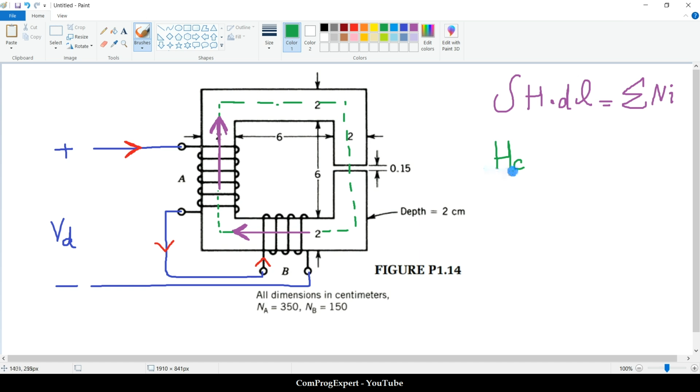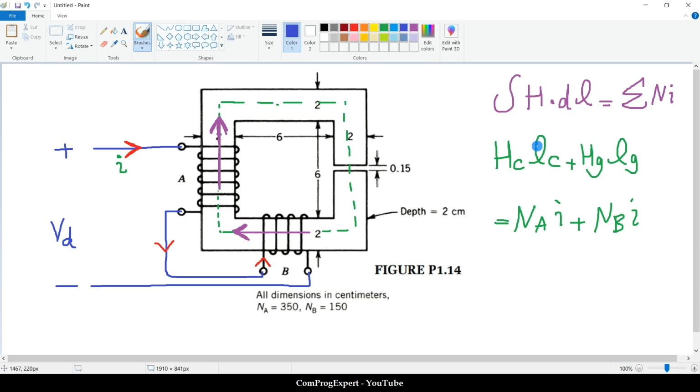You know these concepts from the previous problems that we solved also with ANSYS Maxwell software. And this is the length inside the core, the length of the average flux line in the core, plus H gap times L gap. This is equal to NA times I, the value of the current is the same for coil A and coil B, plus NB I, right?